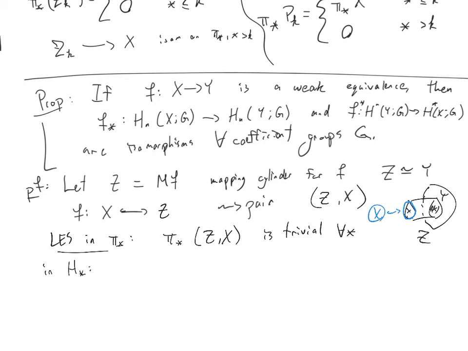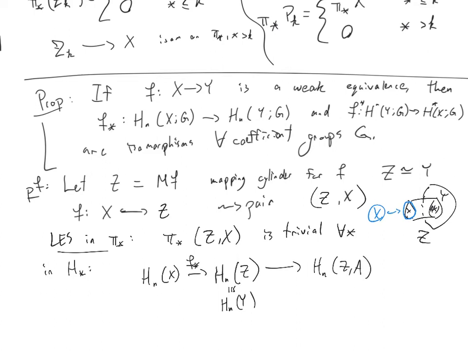we have the nth homology of X. I'll suppress G. I've got f star mapping to the nth homology of Z, which is isomorphic to the nth homology of Y, and then mapping to the pair, and then mapping down.